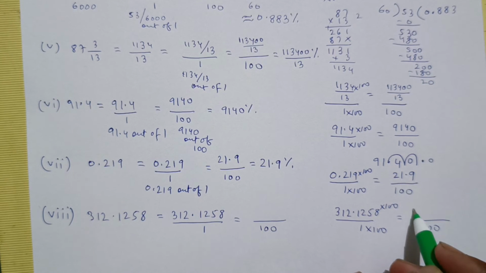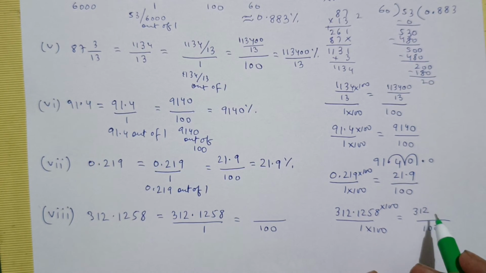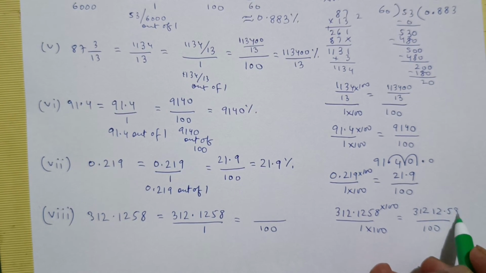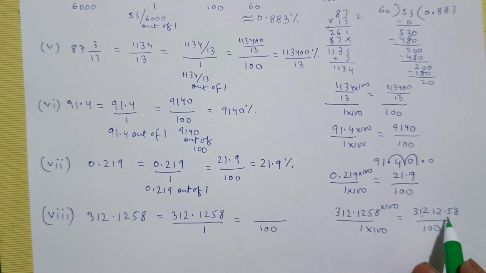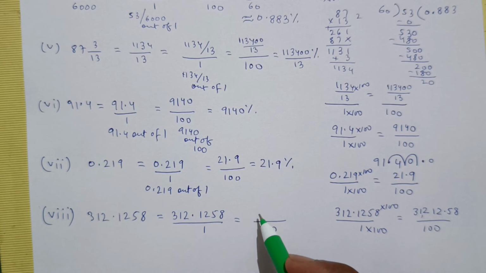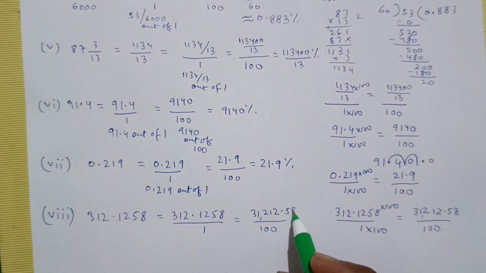312.1258 into 100 is 31,212.58. So this much out of 100.